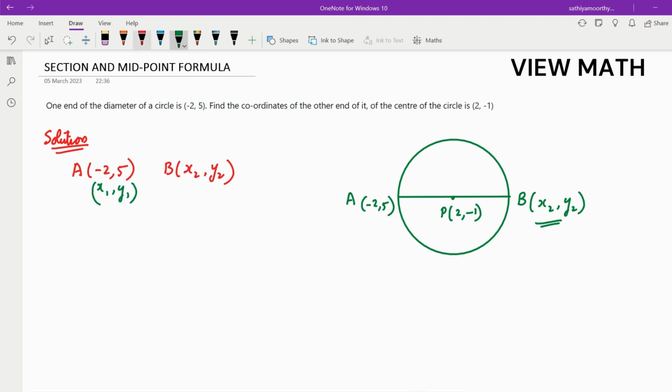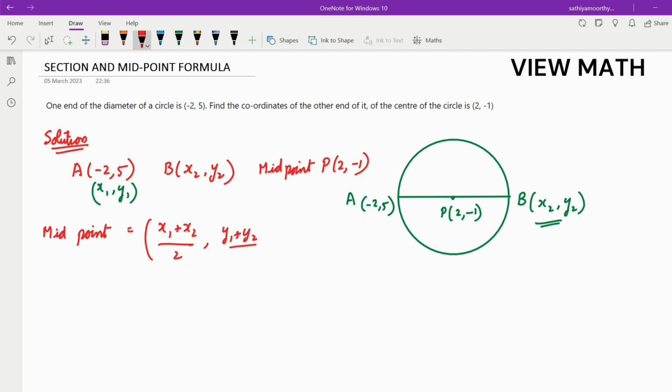Now the midpoint is P. They have given the midpoint P as (2, -1). So let me use the midpoint formula. Midpoint is equal to ((x1 plus x2) by 2, (y1 plus y2) by 2).